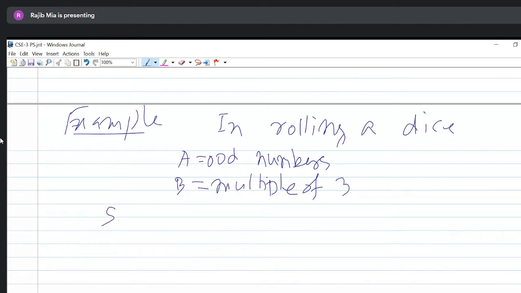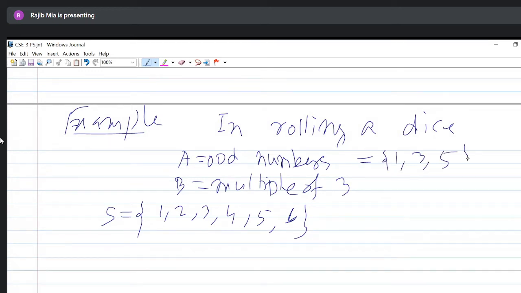Because in this case, the total number of outcomes in rolling a dice is 6. That is 1, 2, 3, 4, 5, and 6. So A is odd numbers, which means 1, 3, and 5, right? And B is multiple of 3, that is only 3 and 6.